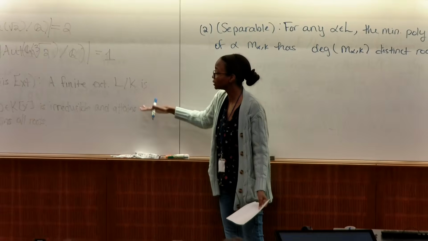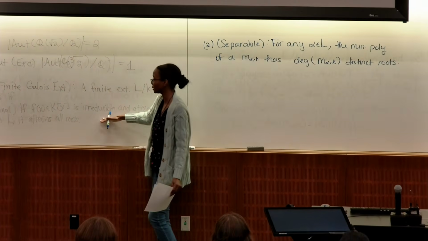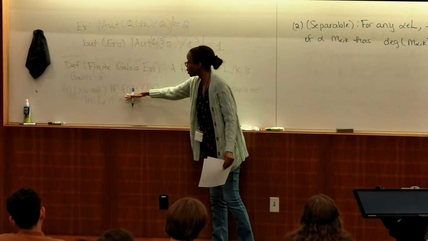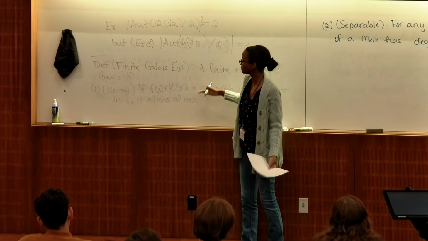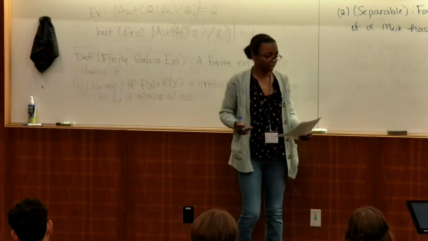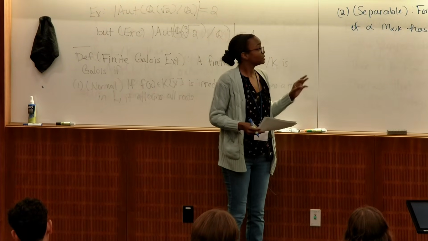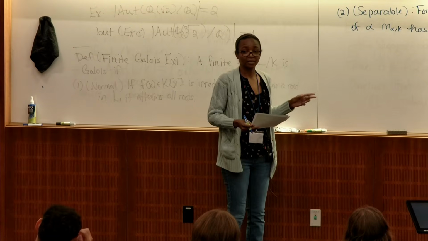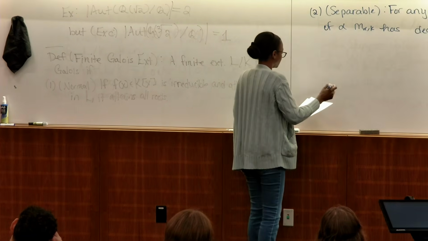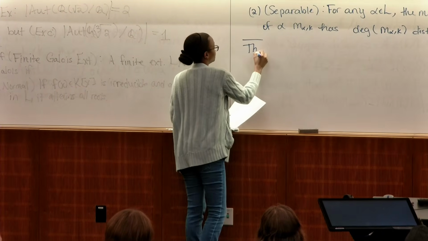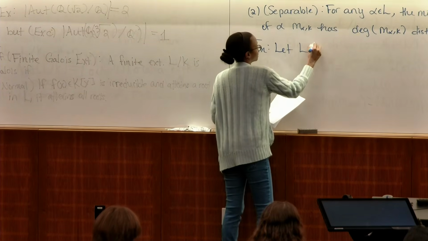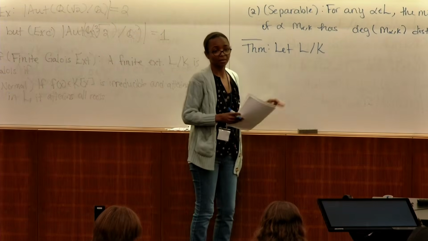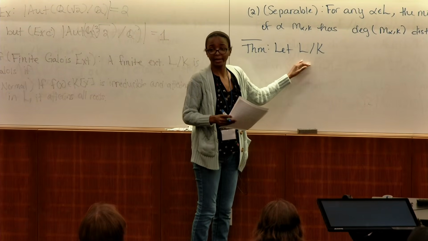Is there some other condition besides just looking for all of the irreducible polynomials that attain a root and making sure that all of them have all of their roots in whatever your field extension is? Happily, we have, like I said, some equivalent ways of saying that an extension is Galois. And so I'm going to give you this theorem, and we're going to use it. This really is, I'm using the fact that L over K is finite here.